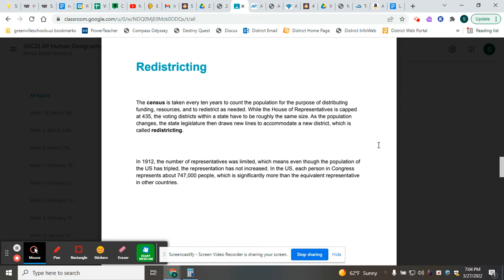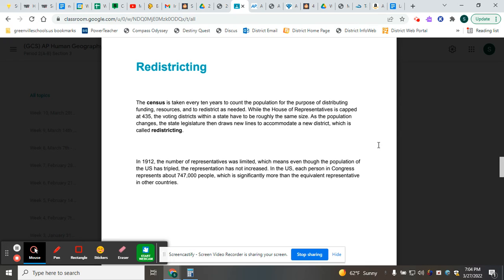And what happens then every 10 years is the states get to decide what their congressional or voting districts are going to be. Where they're going to be is probably more appropriate. Because, as you guys may or may not know, there are 435 congressional districts in this country. Thus, we have 435 members of what is called the House of Representatives.